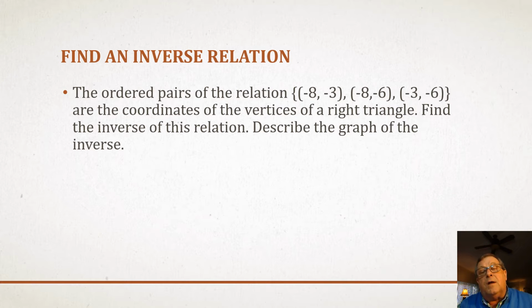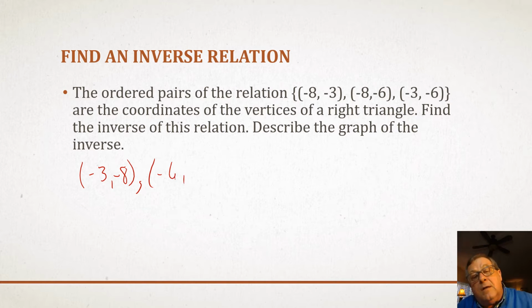So if the relation has coordinates, let's say, at (-8, -3), well then I'm just going to swap the x's and y's, and so the inverse would be (-3, -8), and then (-6, -8), and then lastly (-6, -3).